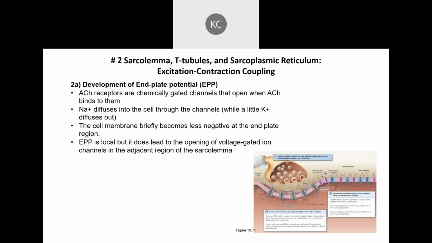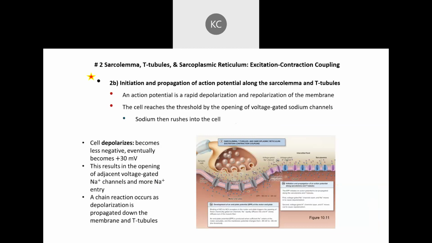We have sodium coming in, we're getting our membrane up to threshold, and then once we're at threshold, you have the opening of voltage-gated sodium channels adjacent to these ligand-gated channels. And then you have more sodium rush in. Sodium rushes in, causes the depolarization of the membrane, right? So that's where we're at here.